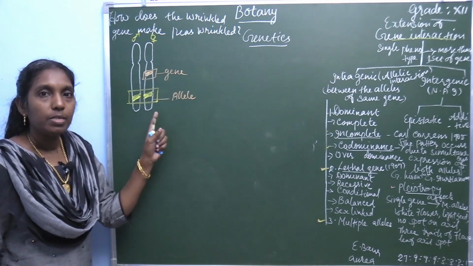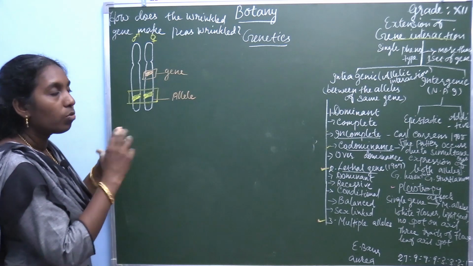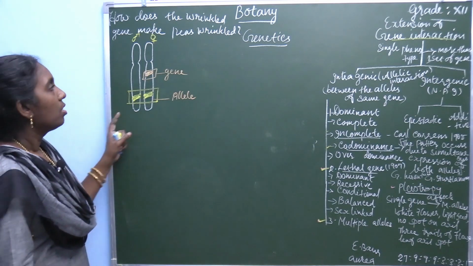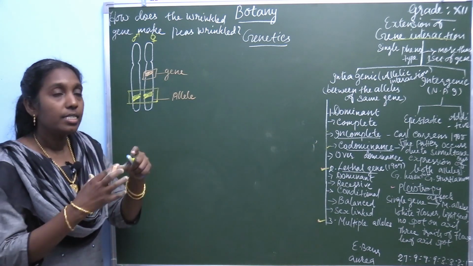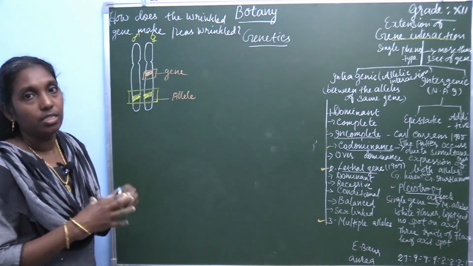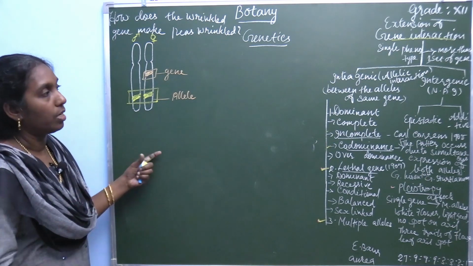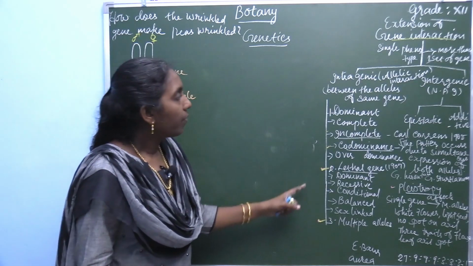A single phenotype is expressed by more than one set of genes. This is called gene interaction, which is classified into several types.